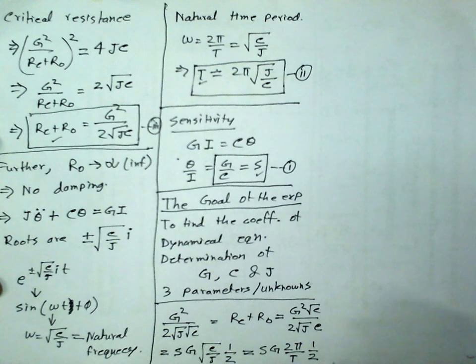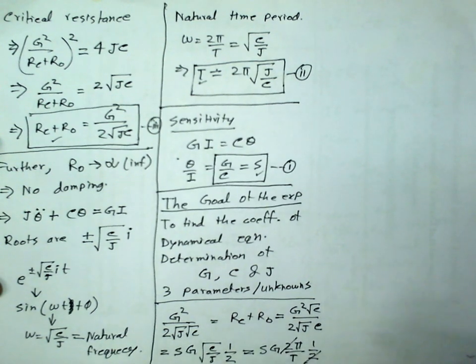Now this 2 cancels, so I'm left with SG pi by T.